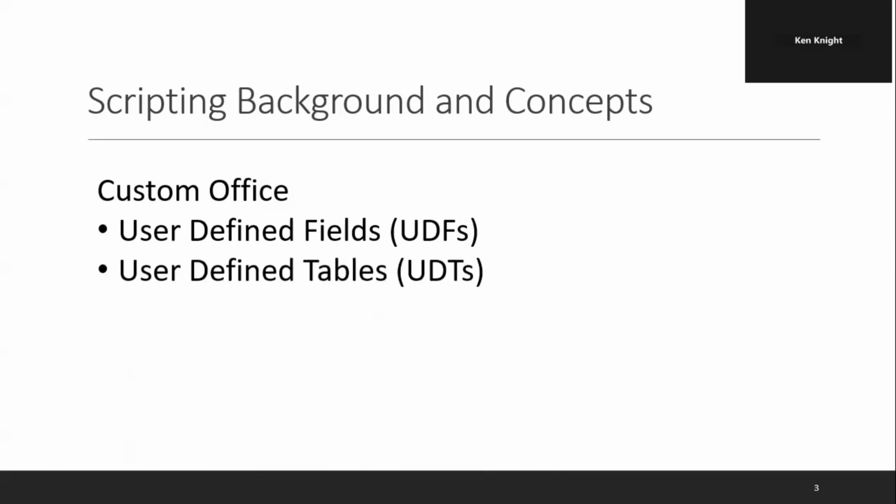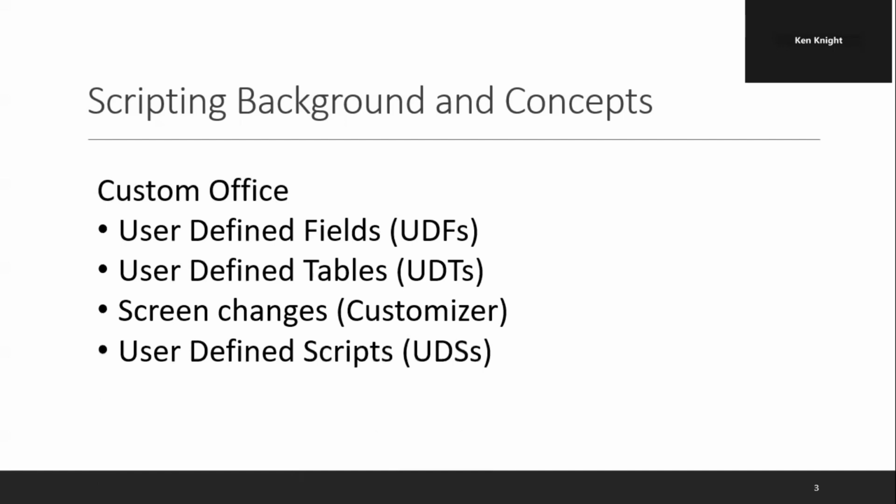Custom Office also offers you the ability to put in user-defined tables to contain data that, again, the system would not normally contain out of the box. We can make screen changes utilizing Customizer. That's where we put those user-defined fields onto the data entry screens for you to utilize. And lastly, we can do user-defined scripts.